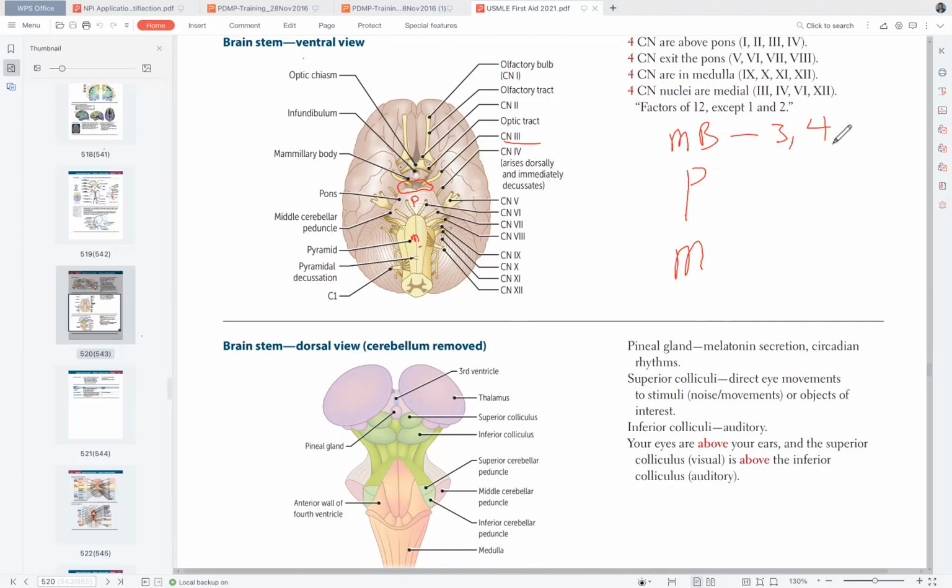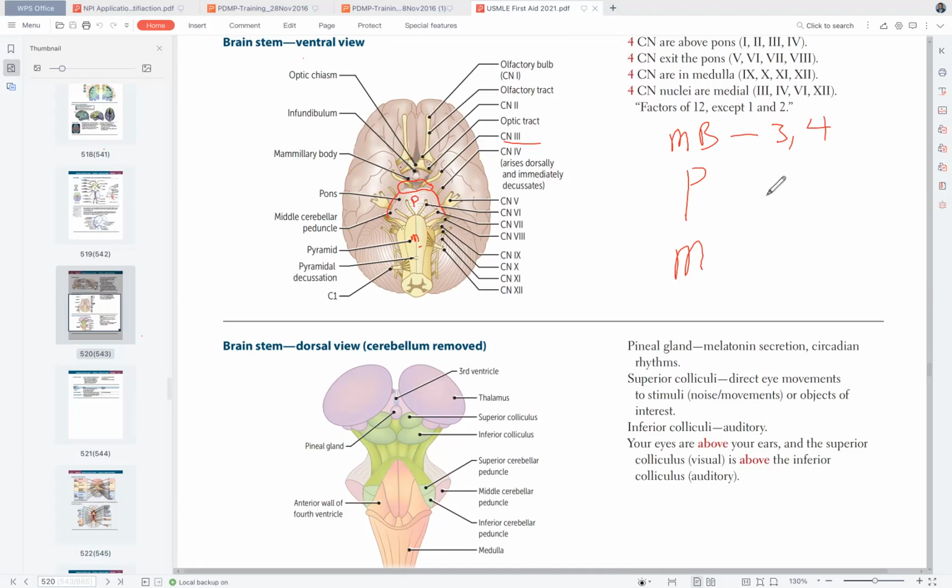We can see cranial nerve 3 here, and we can also see 4. They are all sitting on top of the pons. If you look clearly at the image, this is the pons. They are coming from above the pons, but because of the way the image is, we cannot really see it well. So they are coming from the midbrain.